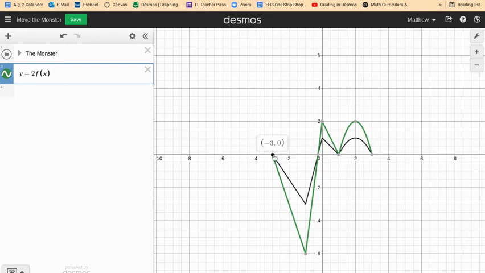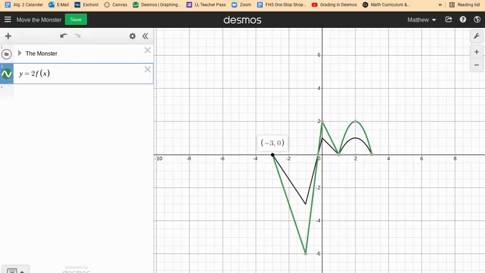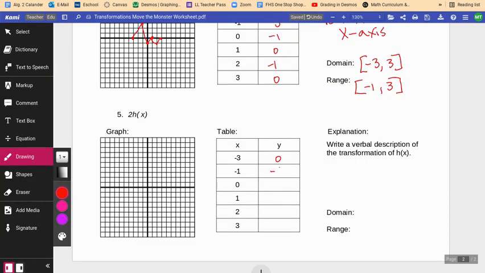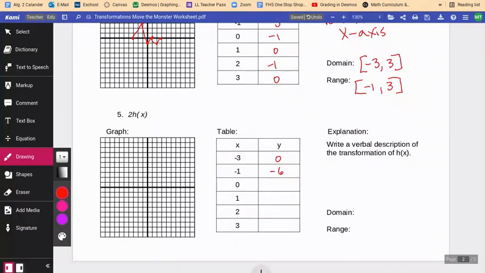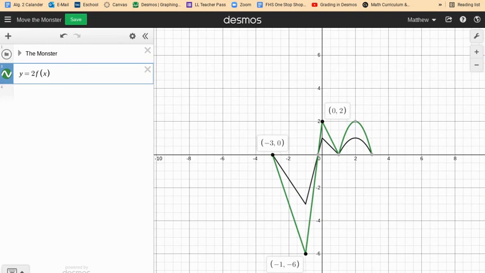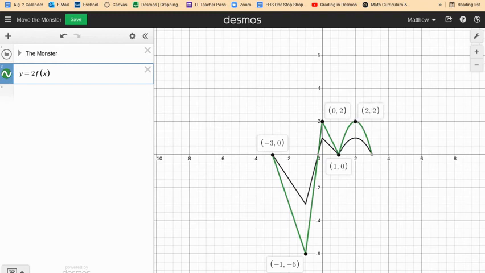And so now we have -3, 0. Then we have -1, -6. Then we have 0, 2. Then we have 1, 0. 2, 2.